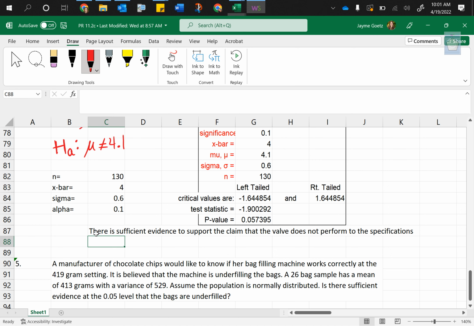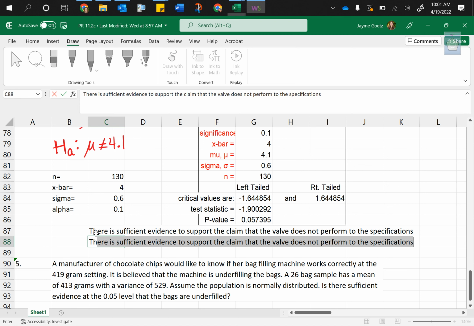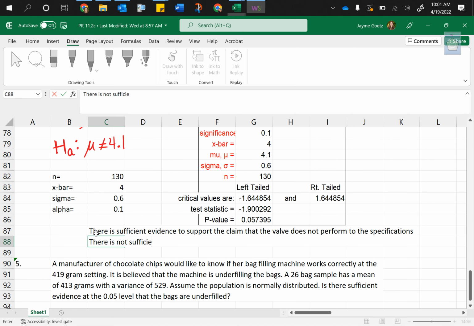And then the second option is going to be almost the exact same, except it says there is not sufficient evidence to support the claim that the valve does not perform to these specifications.